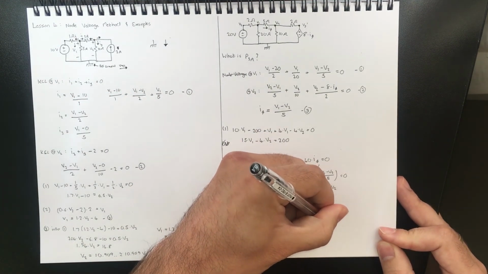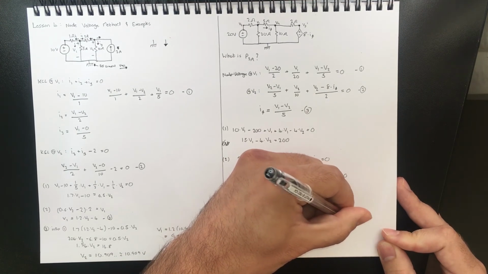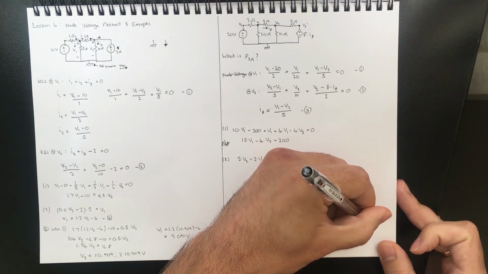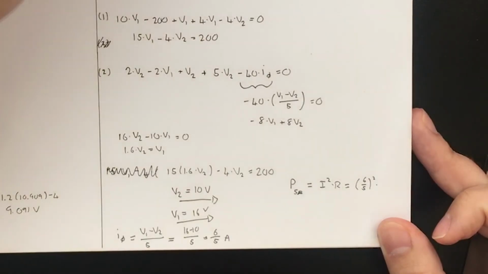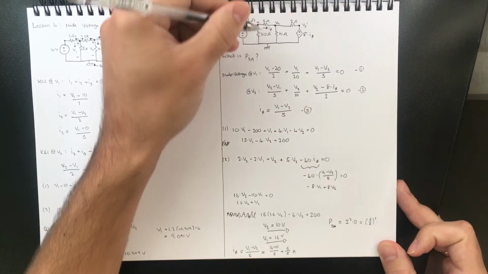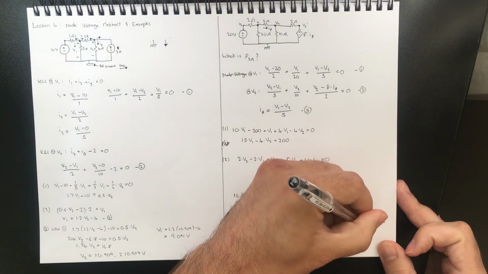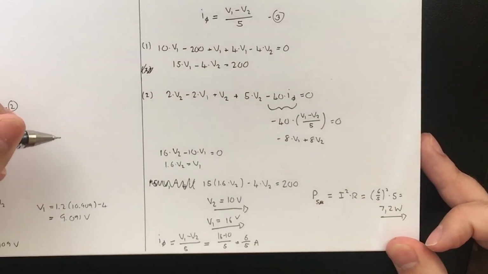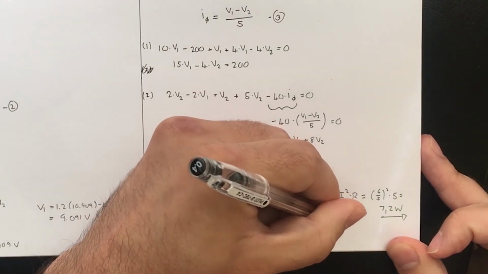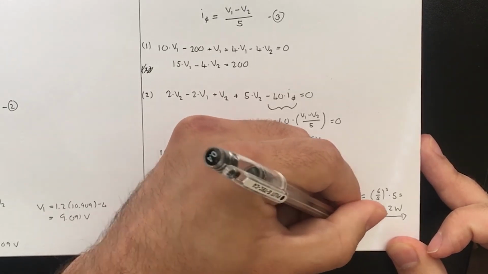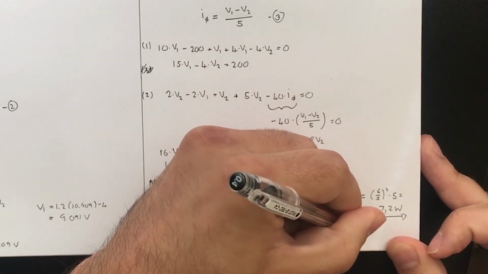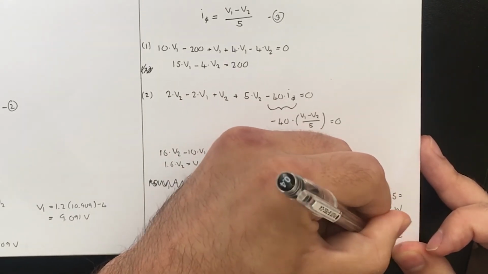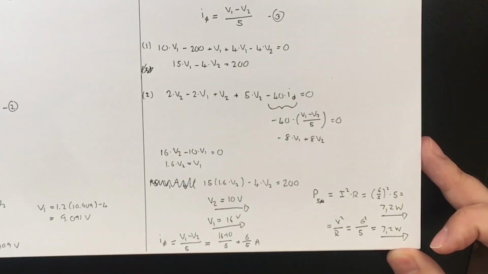So P of the 5 ohms is equal to I squared R. So 6 over 5 squared multiplied by 5, and we get 7.2 watts. We could have also similarly done V squared over R, which is 6 squared over 5, and we would have gotten exactly the same answer.